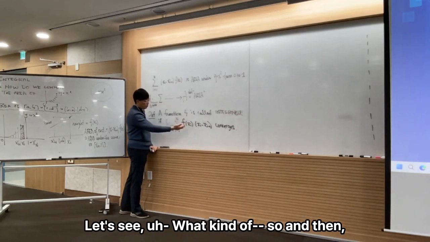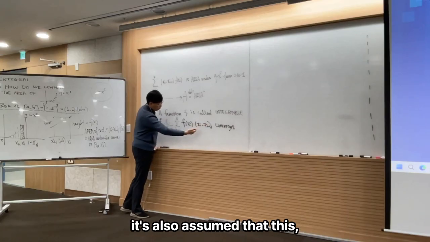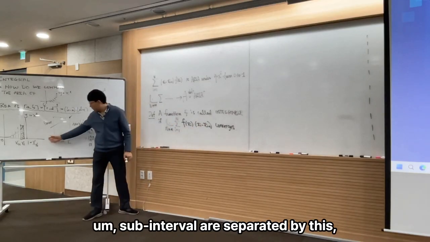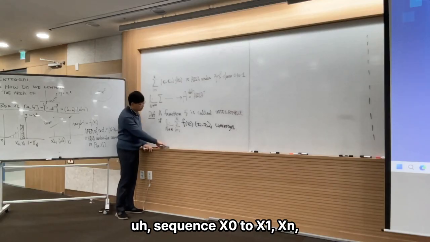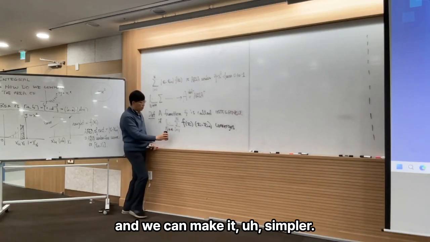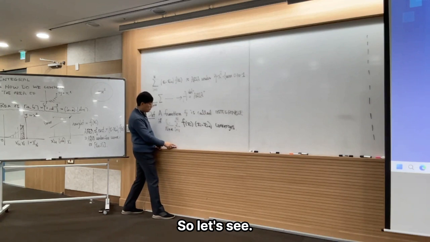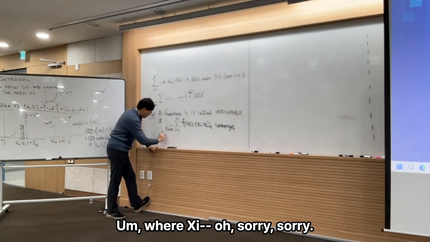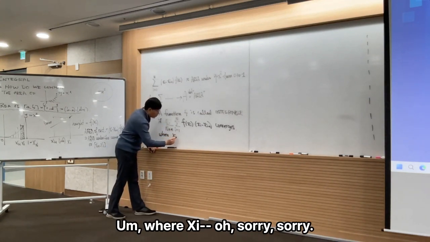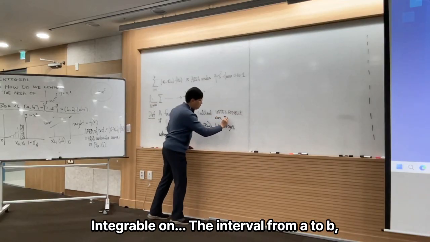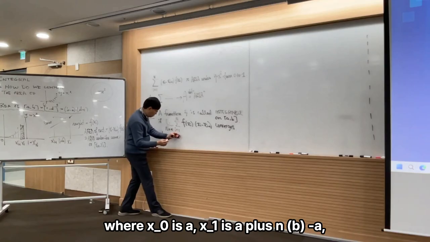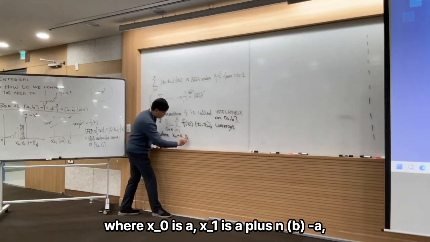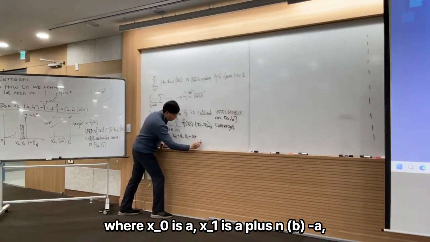It's also assumed that the subintervals are separated by the sequence x0, x1, up to xn, and we can make it simpler. Here f is integrable on the interval from a to b, where x0 is a, x1 is a plus (b minus a)/n, and so on.